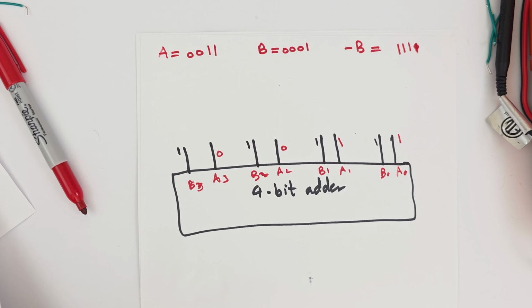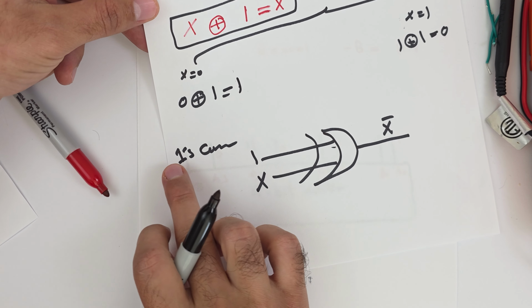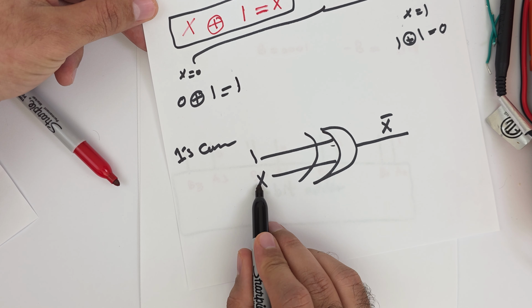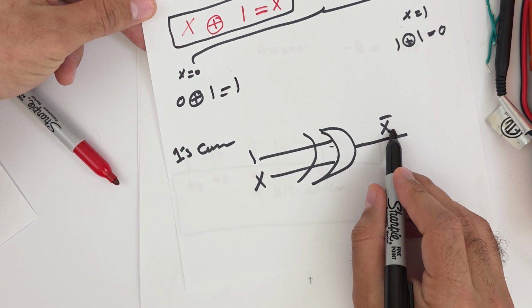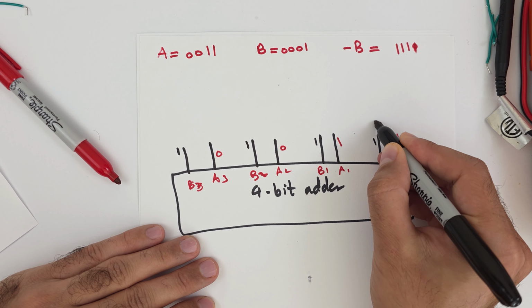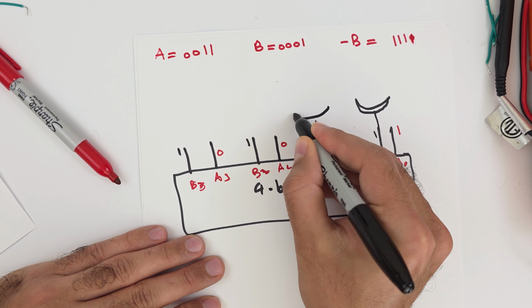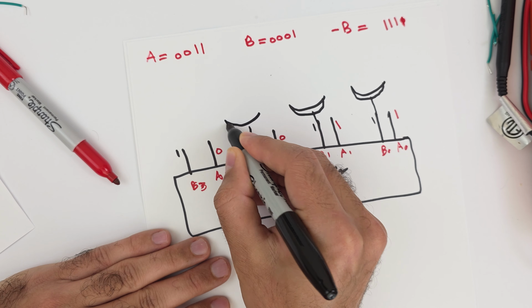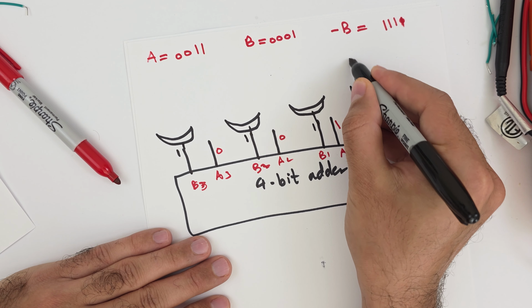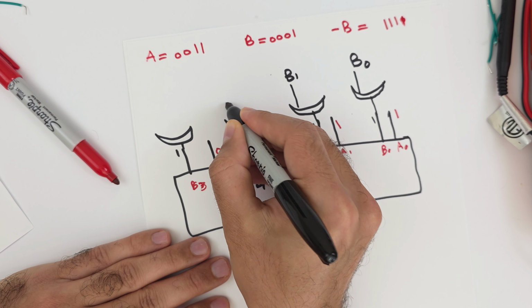If you remember, for the 2's complement, we do 2 steps. The first step is to do the first complement, right? So I am going to write here B, and the output will be B bar, and put here 1. So I am going to come to each one of these B values and write here B. This is B0, B1, B2.